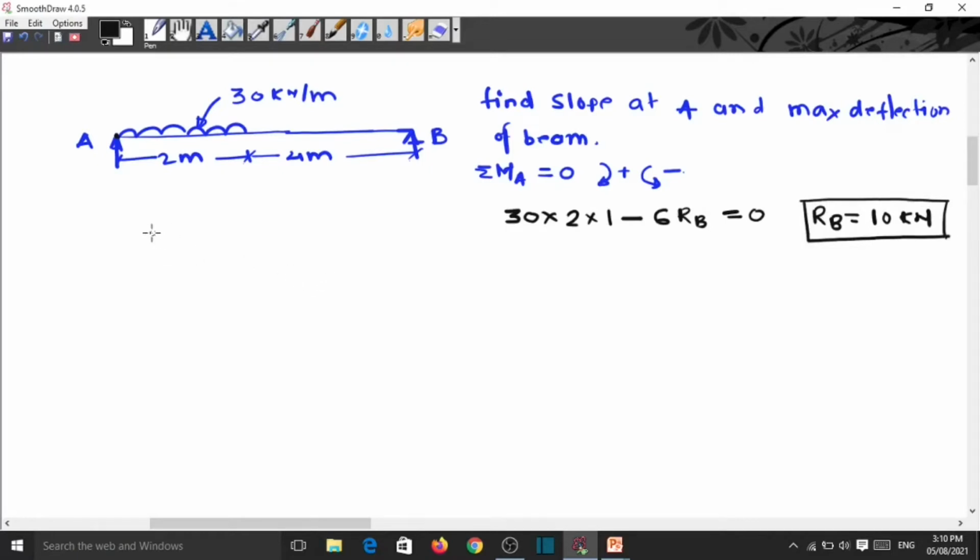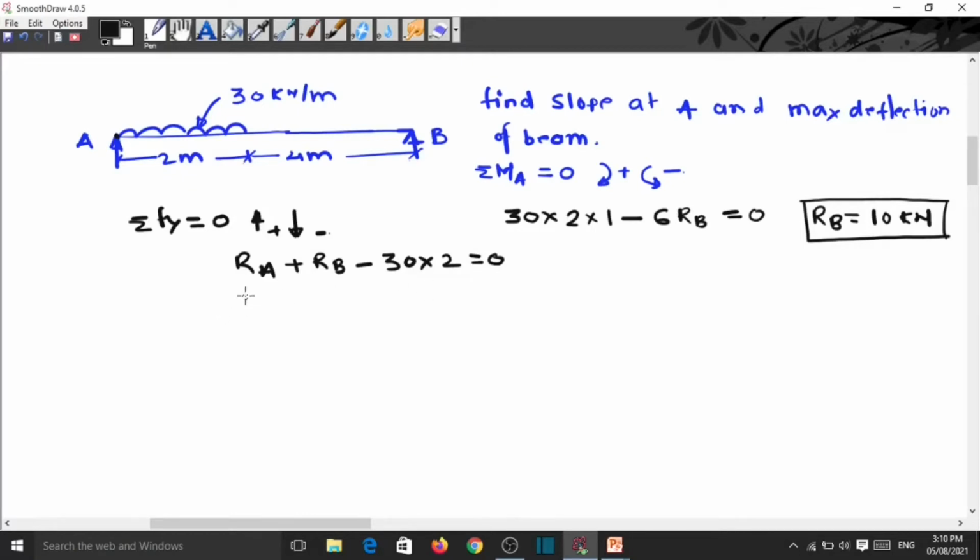Now if we apply sigma F_y equal to 0, vertically upward is plus and vertically downward is minus. So R_A is vertically upward, we are assuming, plus R_B, and this load is minus, so minus 30 into 2 is equal to 0.